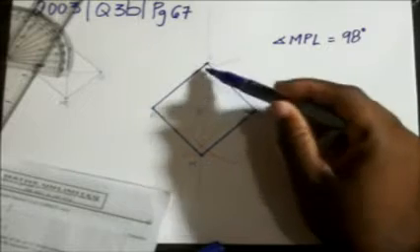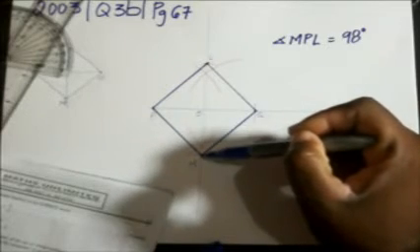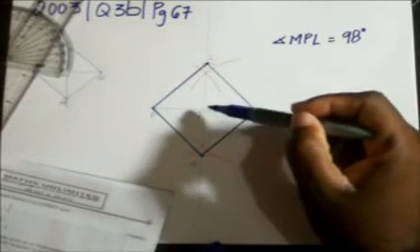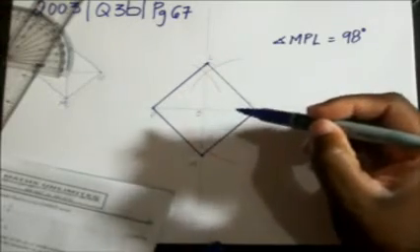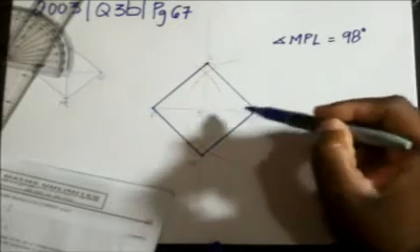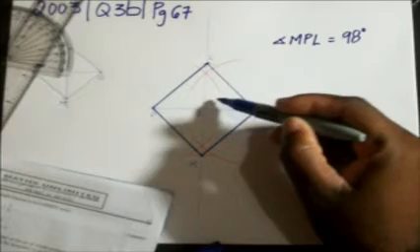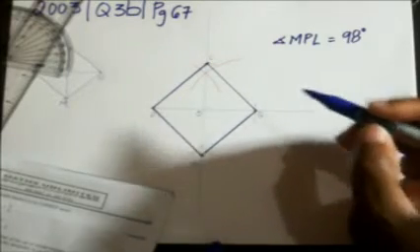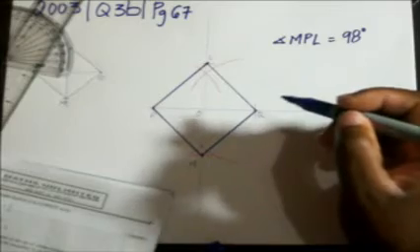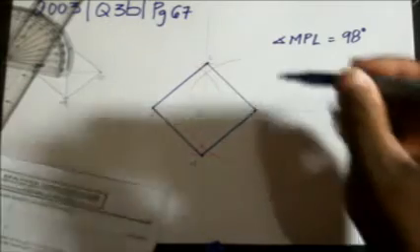We know that OL is equal to OM, and we know that OP is equal to OQ. So the two diagonals bisect each other. And we also know that the diagonals are of different length. And we also know that the diagonals bisect each other at right angles. Ladies and gentlemen, the only quadrilateral with those properties is the rhombus.